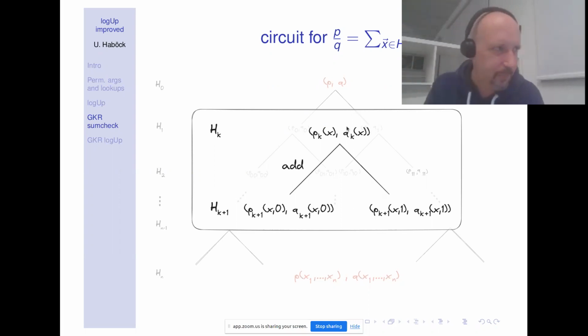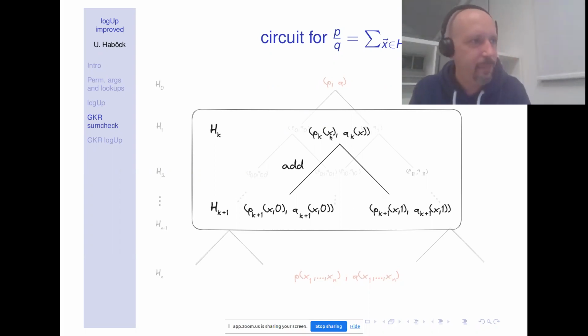So at a point in the k-dimensional hypercube, the numerator and denominator are formed from numerators and denominators of its children nodes, which, according to the topology of the hypercube, just means you take that vector x and append either a 0, that's the left child, or a 1, that's the right child.